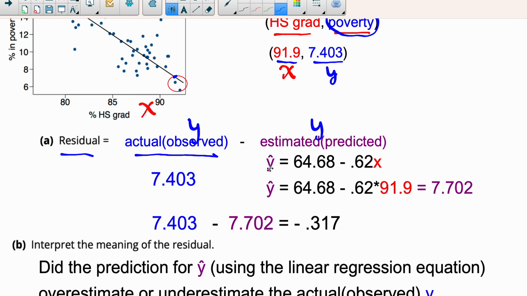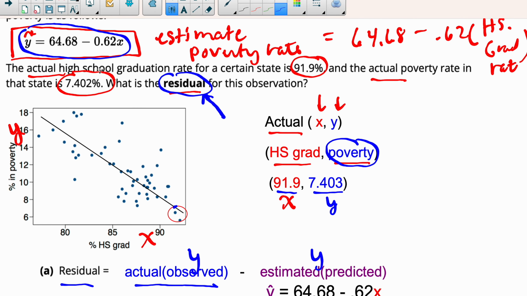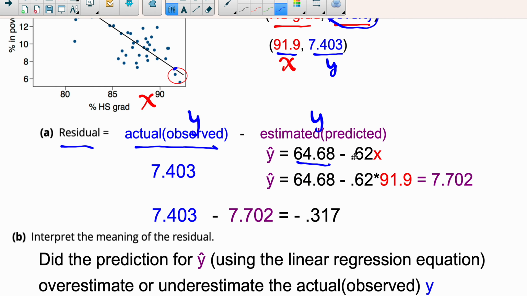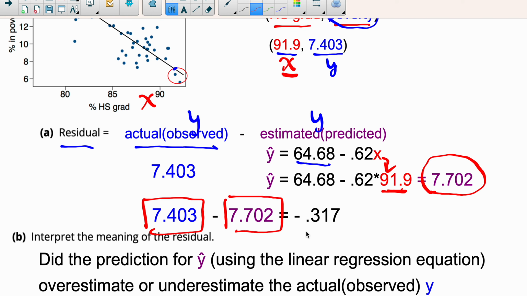Y hat is equal to 64.68 minus 0.62 times X. Note, we're using the same X, 91.9. We substitute that in, and when we multiply, the line is predicting 7.702 poverty rate. So the residual takes the actual minus the prediction from the line, which is, don't lose this negative sign, negative 0.317.